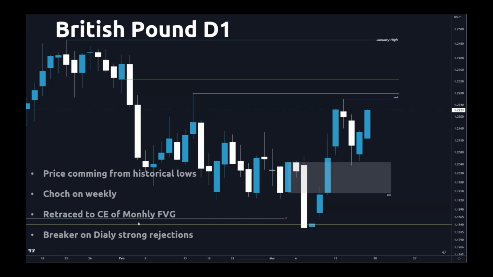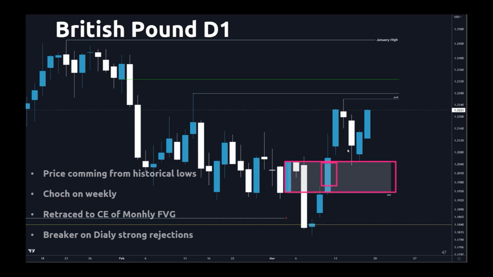And what we had here as well, there is a daily previous day's low taken, right? So this low was taken, reaction in the monthly gap. Then the price went up with a strong gap again in here. So we have the gap in the breaker.